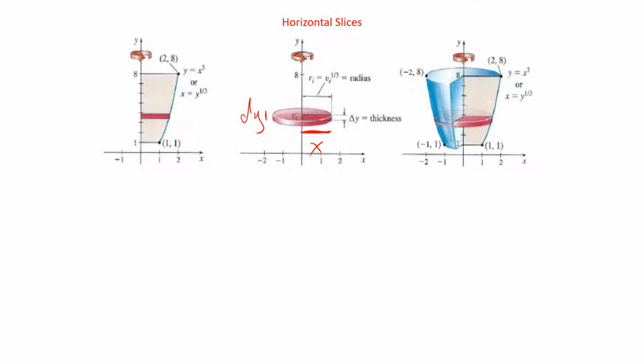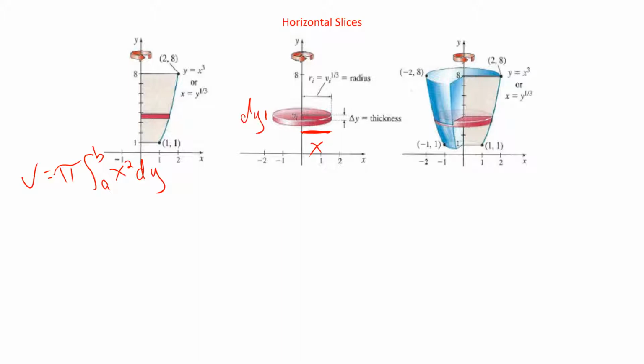So when we set up the volume, we'll still have pi integral from a to b x squared dy. We're still going to have to substitute in so that we can have the same variable the whole way through, and that includes the bounds. Those have to be y variables as well.